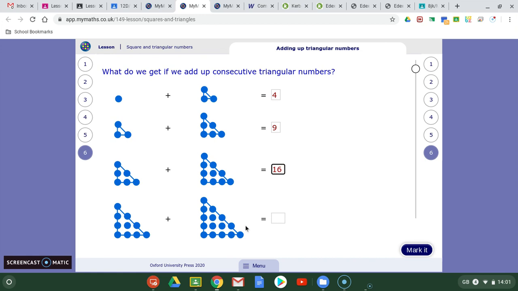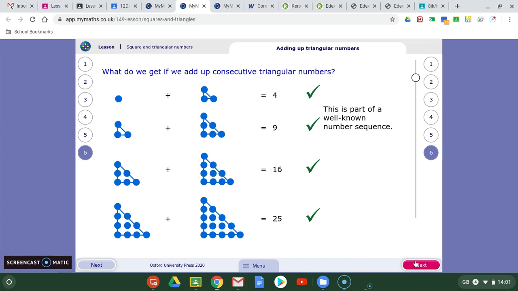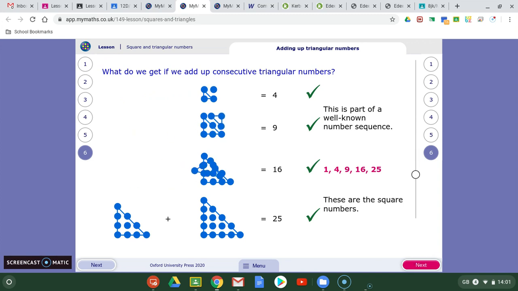And 10 plus 15 gives me 25. Now, do you recognise these numbers? 4, 9, 16, 25. 1, 4, 9, 16, 25. Well, they're the sequence of square numbers that we've just learnt about. See, look what happens when you put those together. You create squares, and you can create square numbers when you add them together.